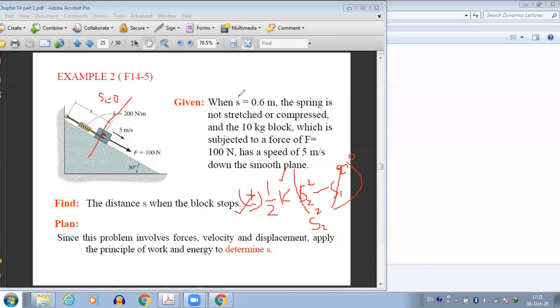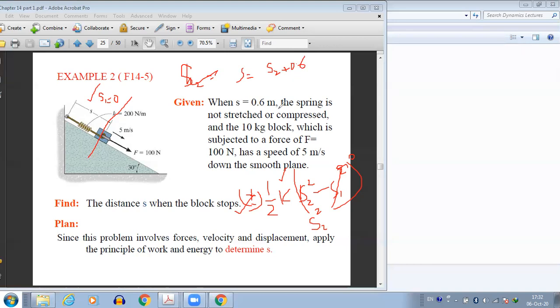Now from S2, we can determine what is S, because the relationship is that S is equal to S2 plus 0.6, or S2 is equal to S minus 0.6.